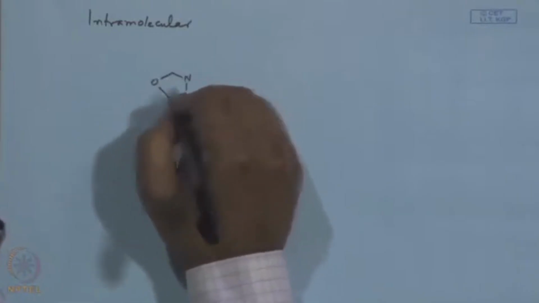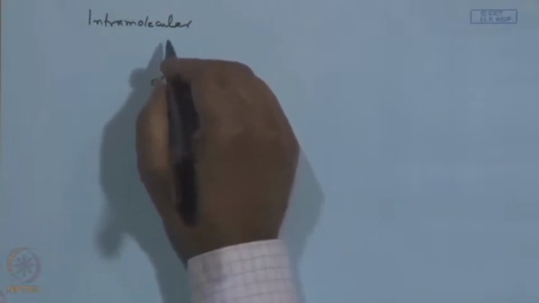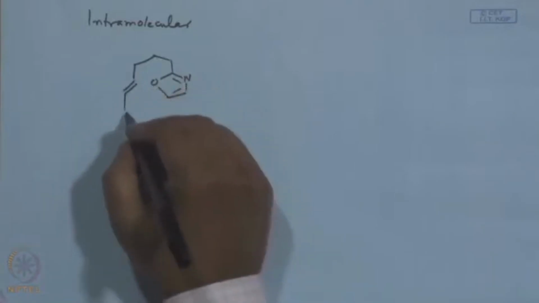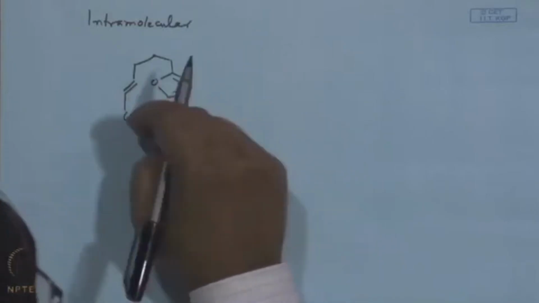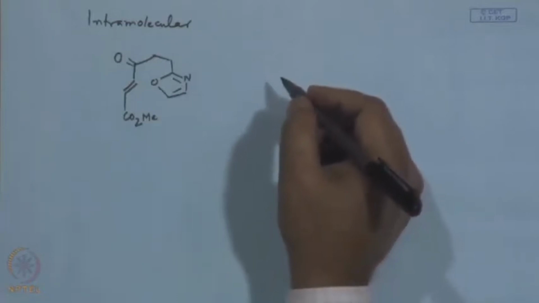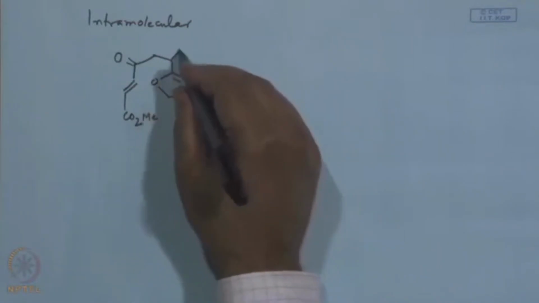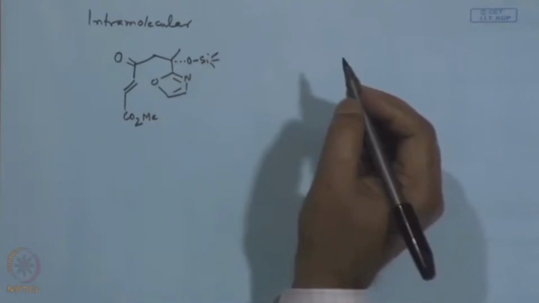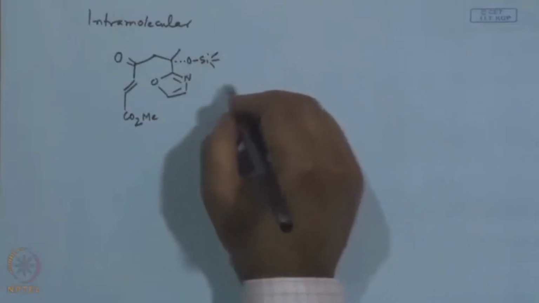Oxazole means 1,3 heteroatoms, and then you have a system where now you have a double bonded dienophile like the previous ester, but a little more active, by the presence of one more electron withdrawing group, and then you have all kinds of this functionalization. In this case it is a tertiary alcohol and the corresponding silyl protected group.